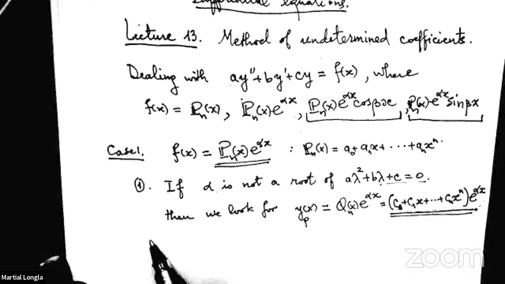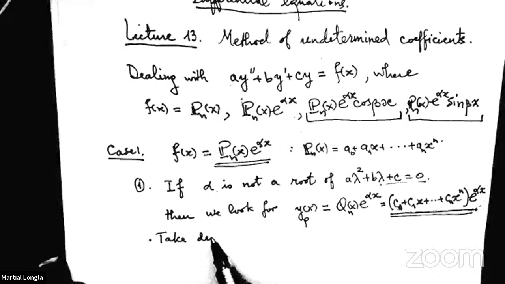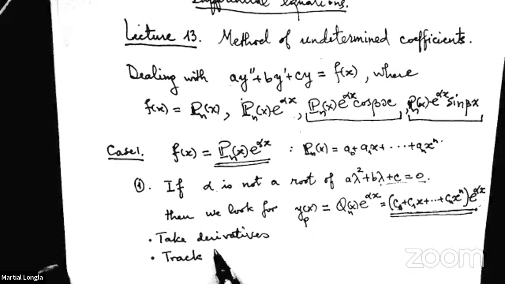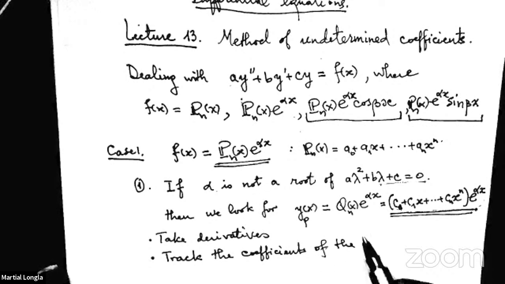And then what you do is take derivatives. And usually in my class, instead of saying plug into the equation, I say track the coefficients. And I'll show you how we do that. Track the coefficients of the basic functions.